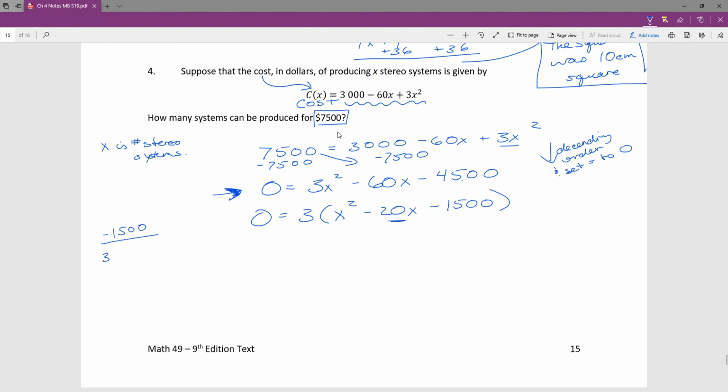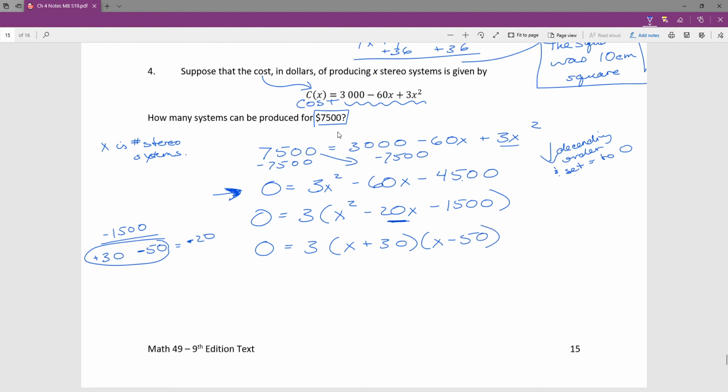Well, what about 30 and 50? They would multiply to give me 1,500. Now, the whole thing with the signs, I'm going to need a positive 30 and a negative 50 because I want to get to a negative 20 as a sum. So those are the numbers. I could decompose my middle term, but this is one that's possible to use the shortcut. So I could write it in factored form as 3, don't forget about that one, x plus 30 and x minus 50.